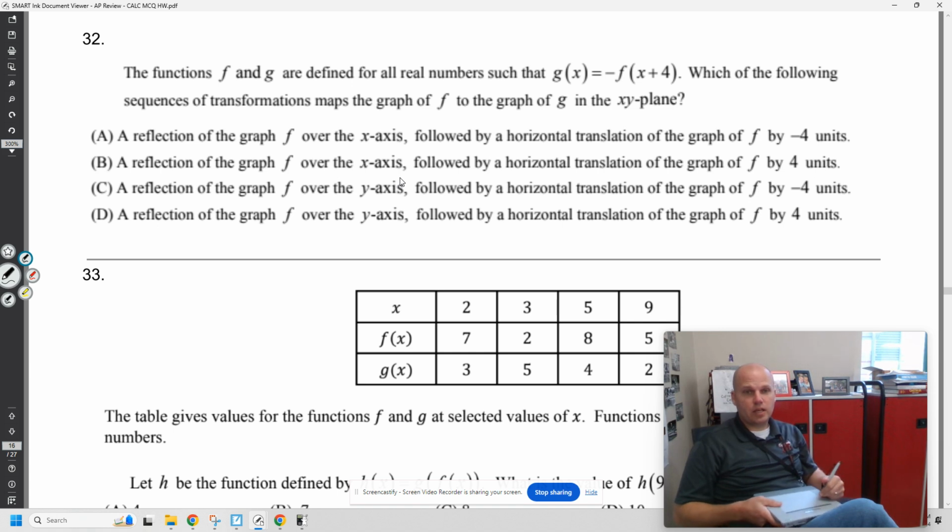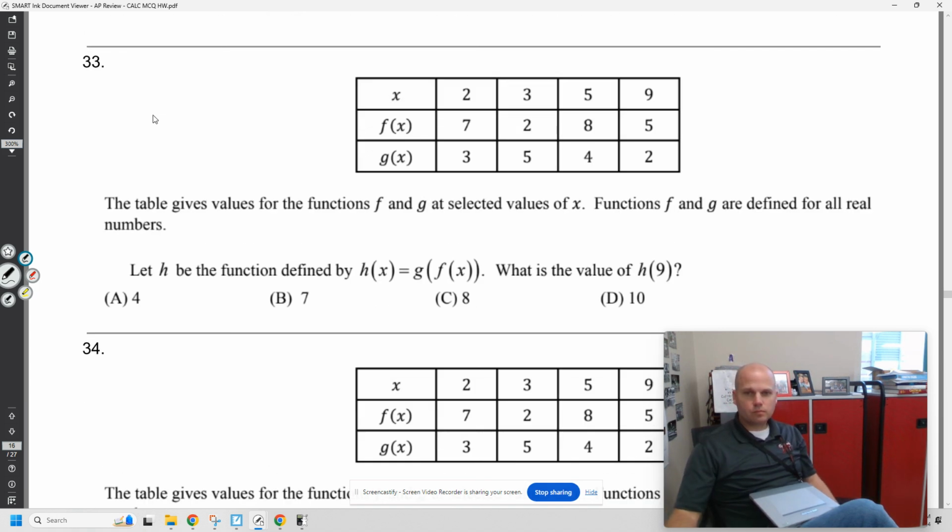But it is a vertical reflection because of this negative on the outside. It's a vertical reflection, so it's reflecting over the x-axis. Don't mess up an x-axis for a y-axis. Flipping your y's reflects over the x-axis, and then we are going left 4, so the horizontal translation is negative 4.